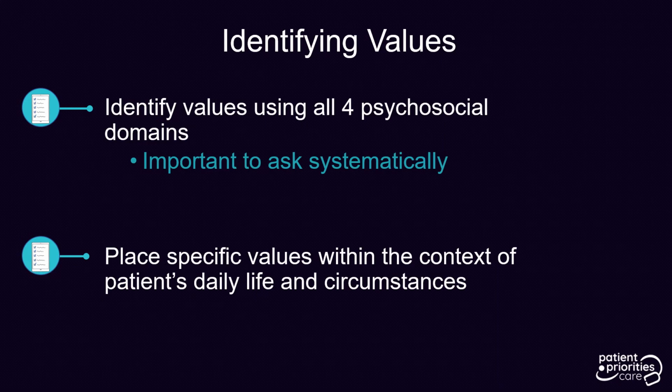Prompts or cues can be helpful to identify personalized values from each broad valued domain. For example, under connecting, you may ask, which relationships or connections are most important to you right now? Under enjoyment, you may ask, what brings you the most enjoyment or pleasure?